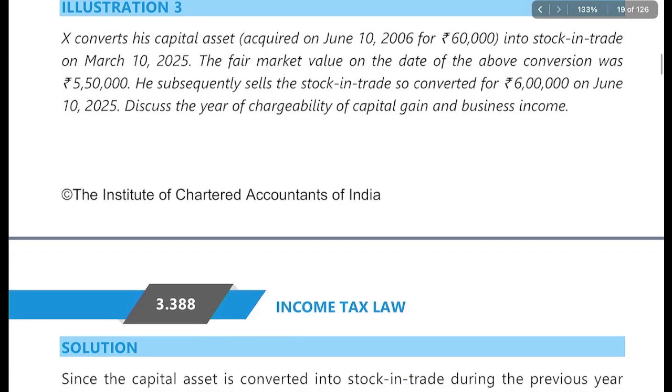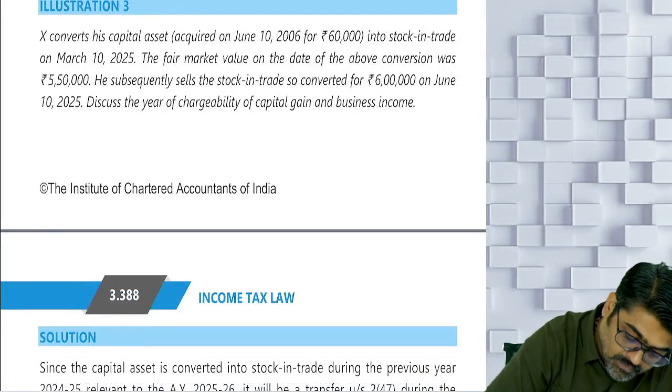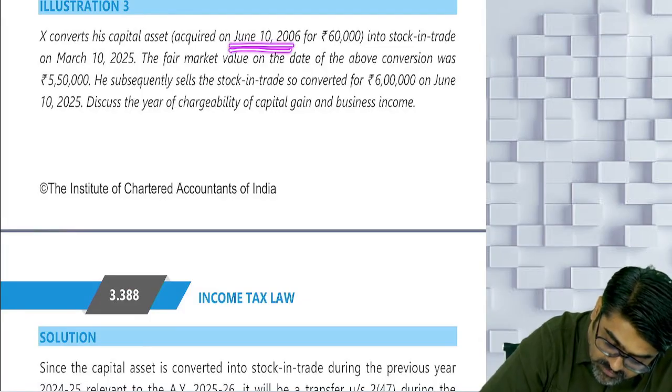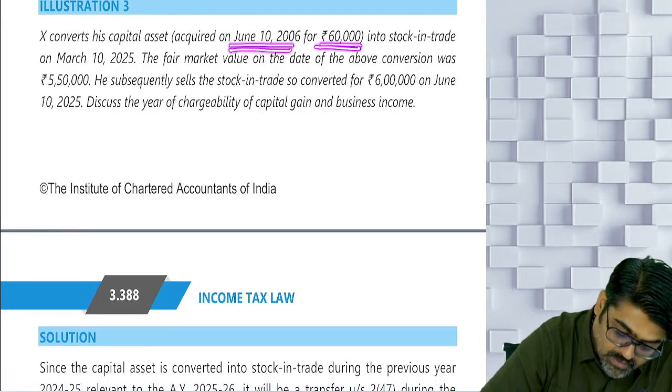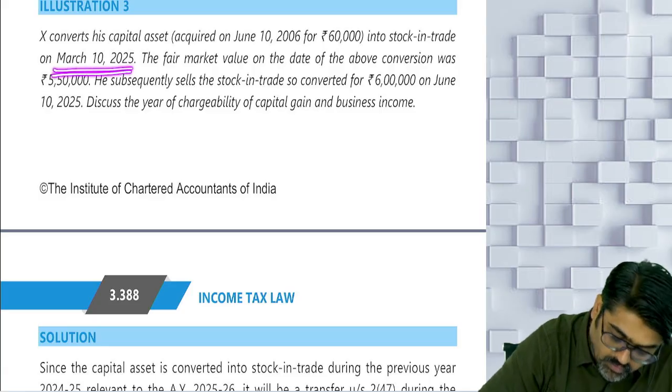So, tell me, acquired the capital asset in which year? 2006-7. For how much? And it was converted into stock in trade on 10th March 2025.